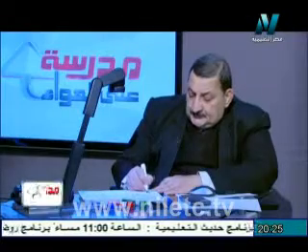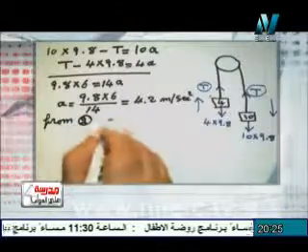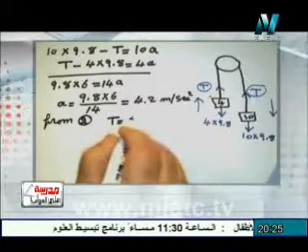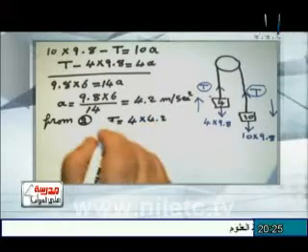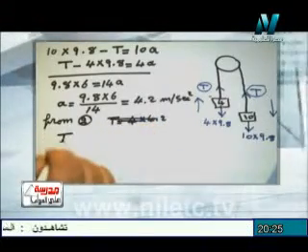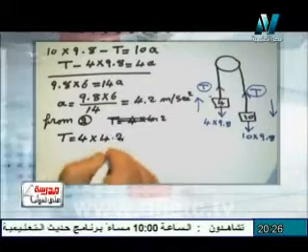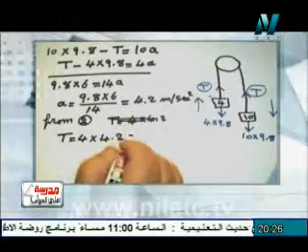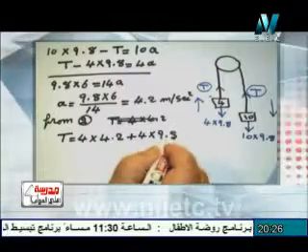From equation number 2, T equals 4 multiplied by A, 4.2, plus 4 multiplied by 9.8.